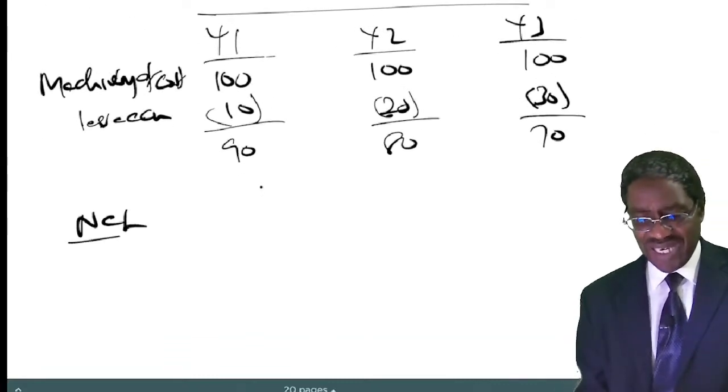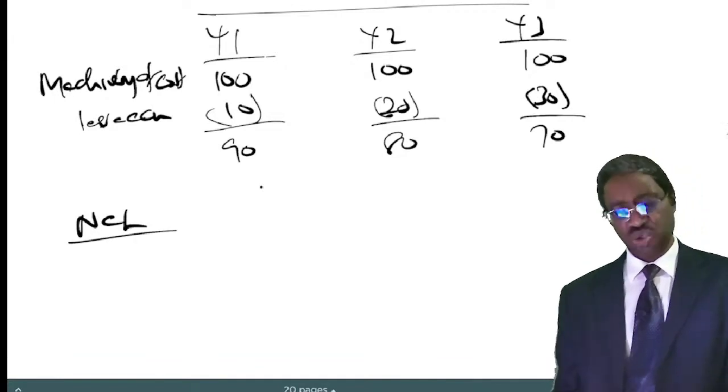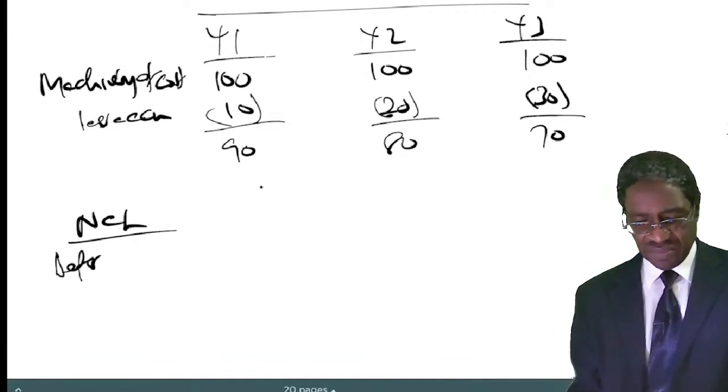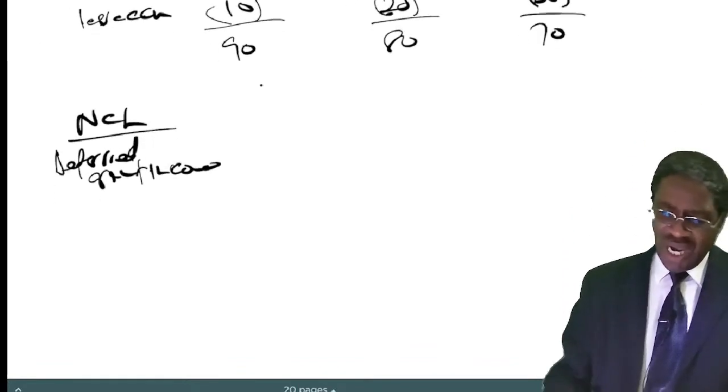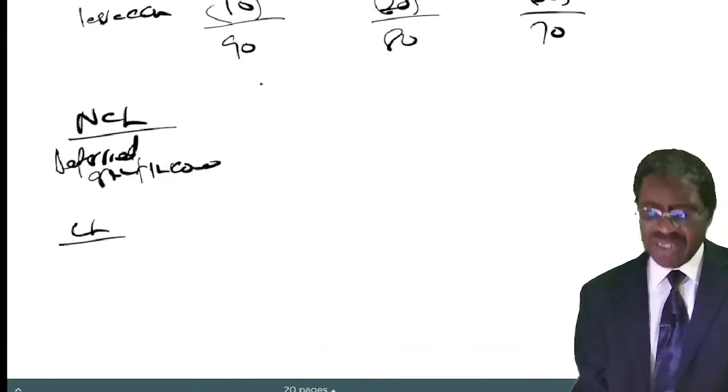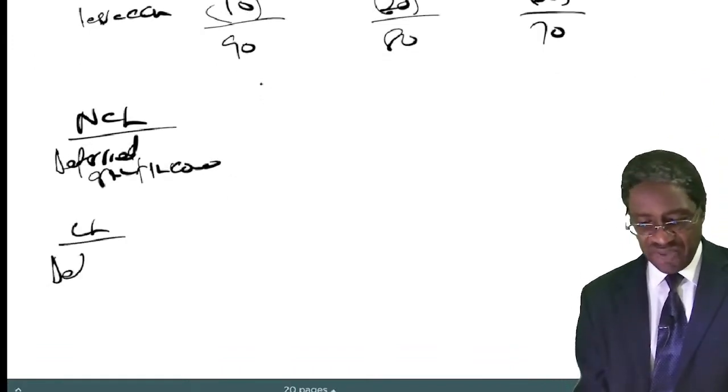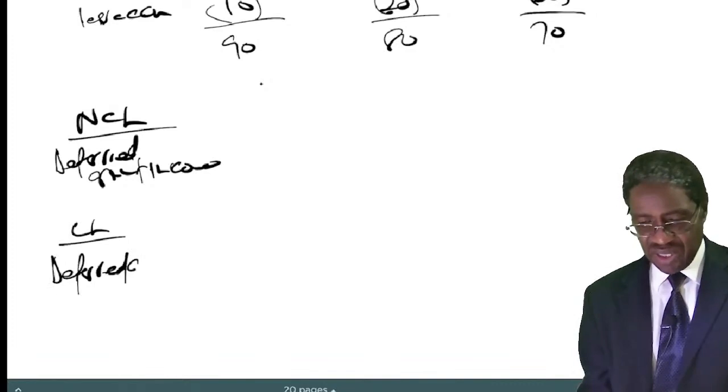Among the non-current liabilities, you will have the deferred grant income. Then somewhere along the current liabilities also, you will have the deferred grant income.